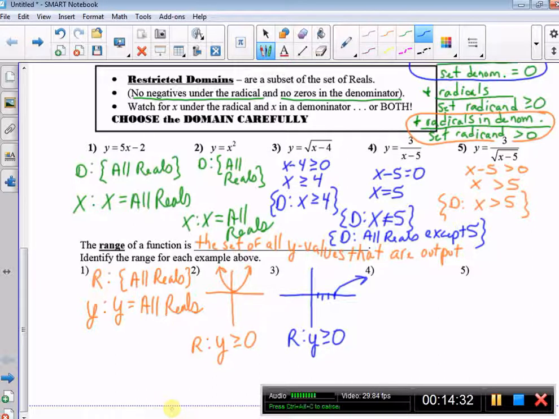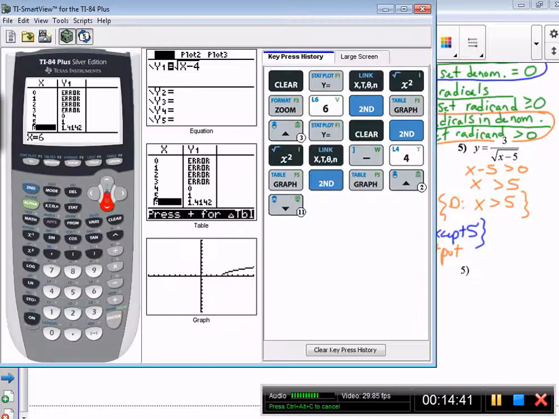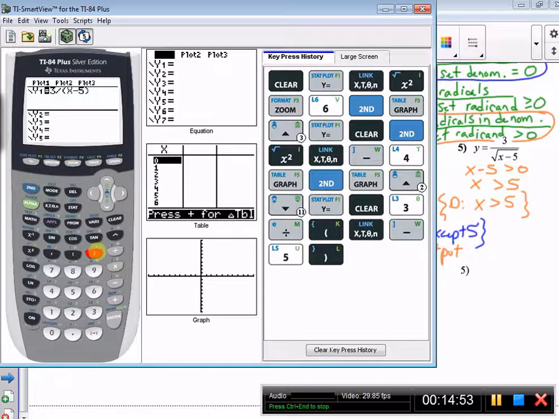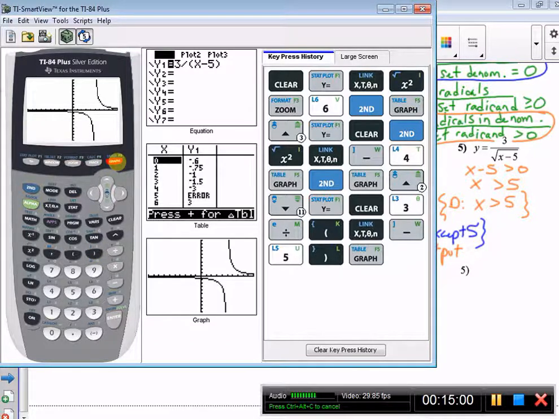So the graph of that is going to be an interesting looking graph. So go back to y equals and clear that out and enter in 3 divided by parentheses x minus 5. Okay, so what it's going to do is give you kind of like a hole at 5 because x cannot be 5.